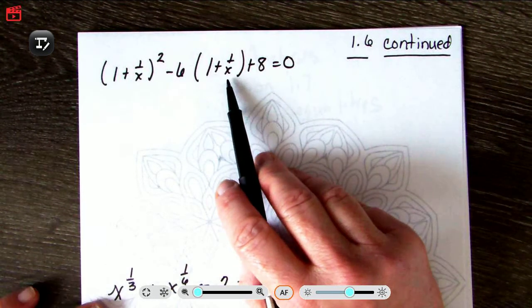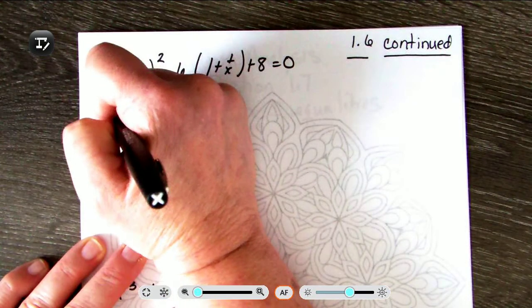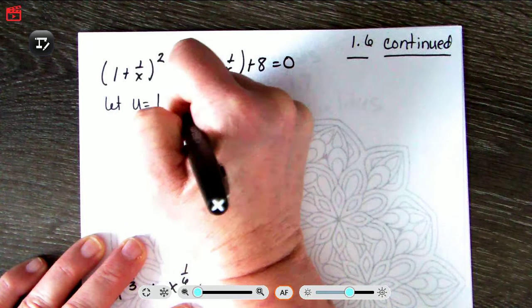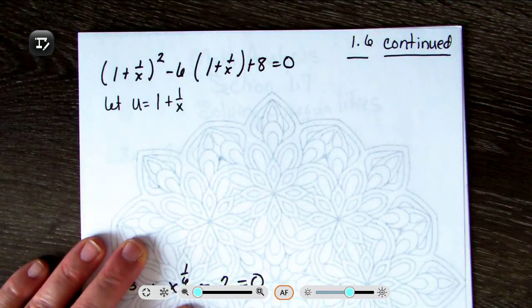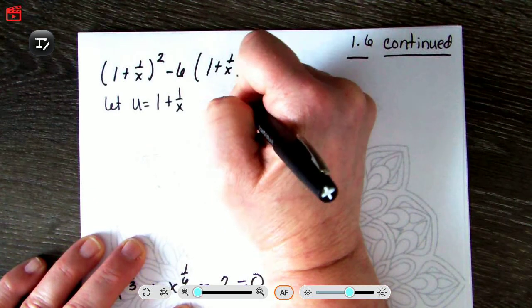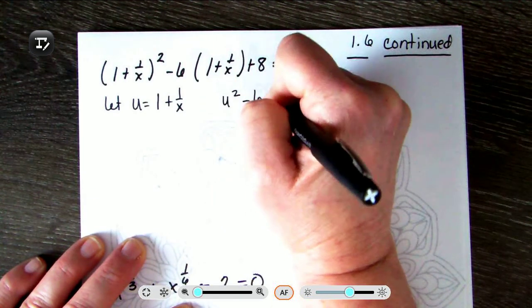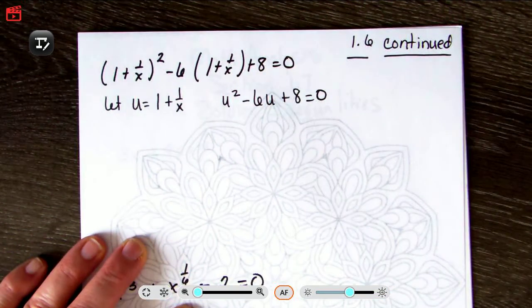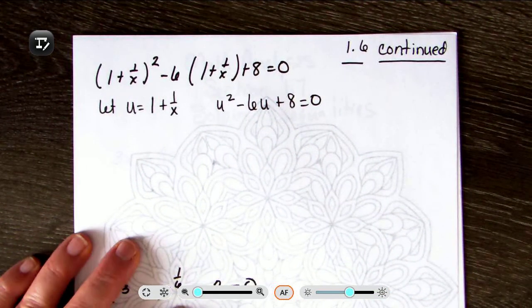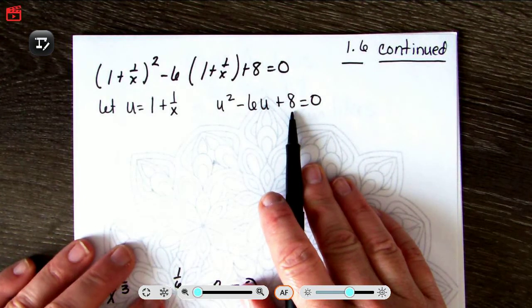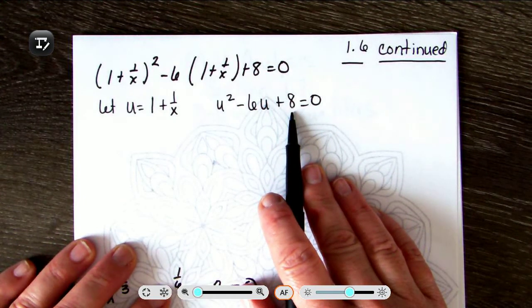So here I am going to do again a little substitution, because then it'll turn into a much easier problem. We will get u squared minus 6u plus 8 equal to 0. Okay. This is a quadratic. The first technique for solving a quadratic is to try to factor.